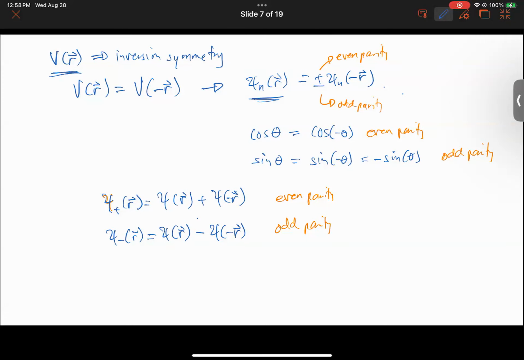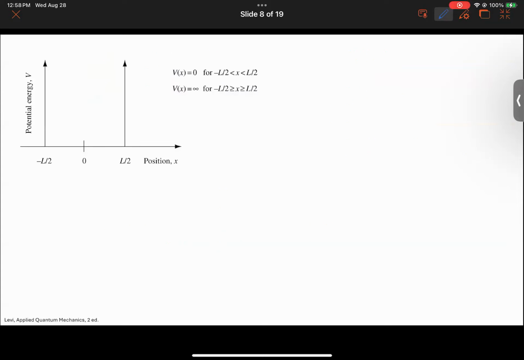Now we can show an example of a potential that has inversion symmetry. And because it has inversion symmetry, we can see that it will have even and odd parities.